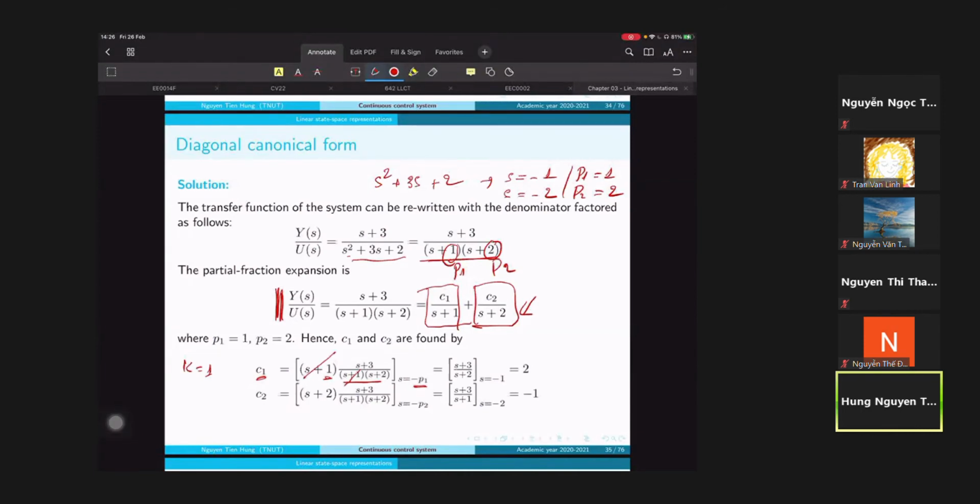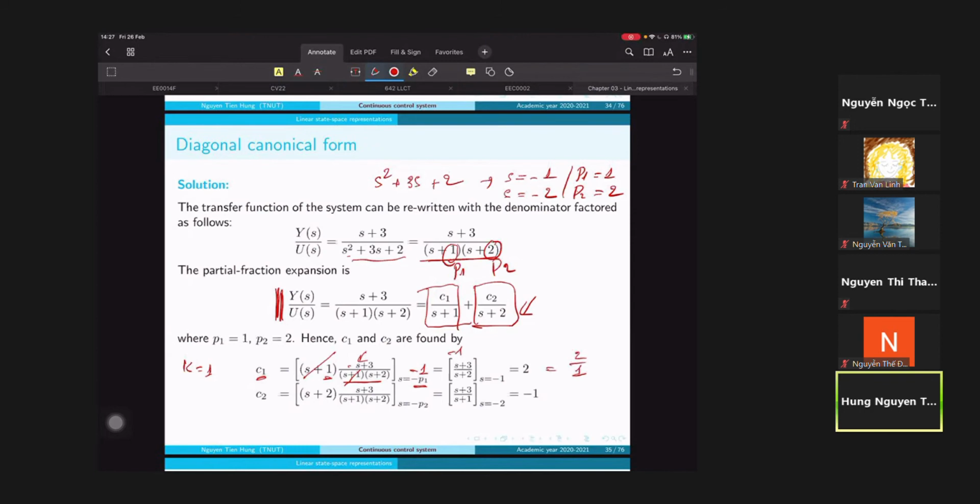Finally, we replace s here by minus P1, or minus 1. So we got -1 plus 3, we got 2, and -1 plus 2, we got 1. So it equals 2 over 1, or 2.